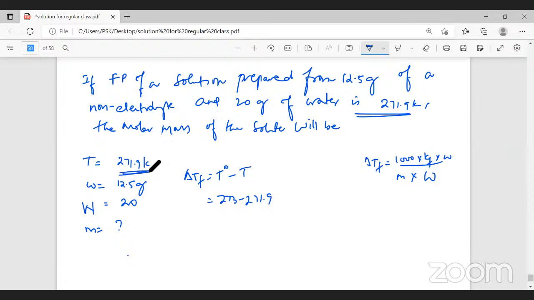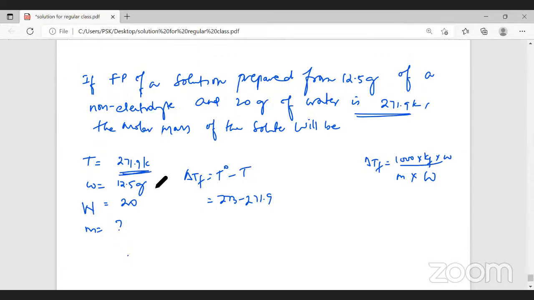Pure water freezes at 0 degrees, that's 273.15 minus 271.9, which is 1.25. They've taken it as 273 only, so we'll take it as 1.1.